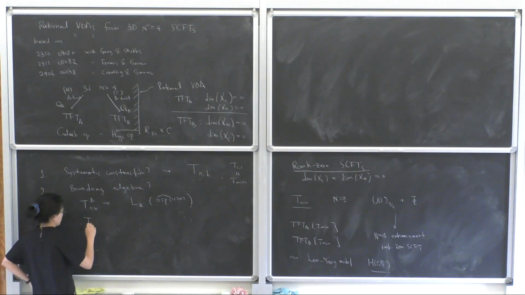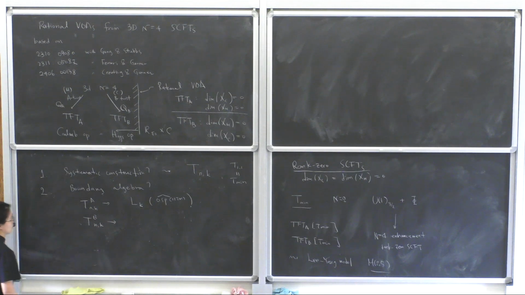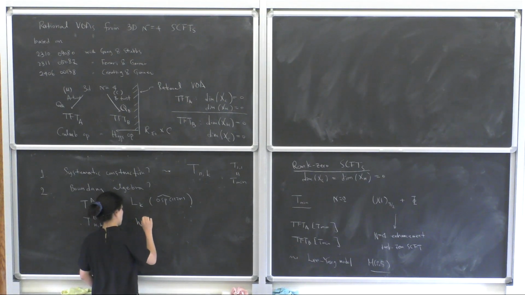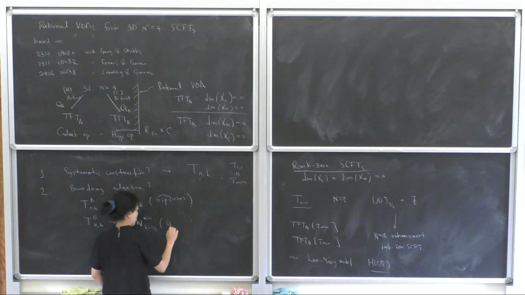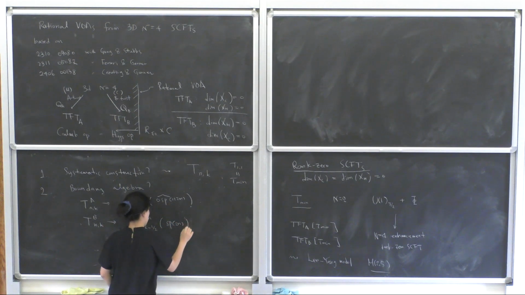And for TFT-B, which corresponds to the T(n,k) theory, it is going to be the minimal W-algebra at level k of Sp(2n).